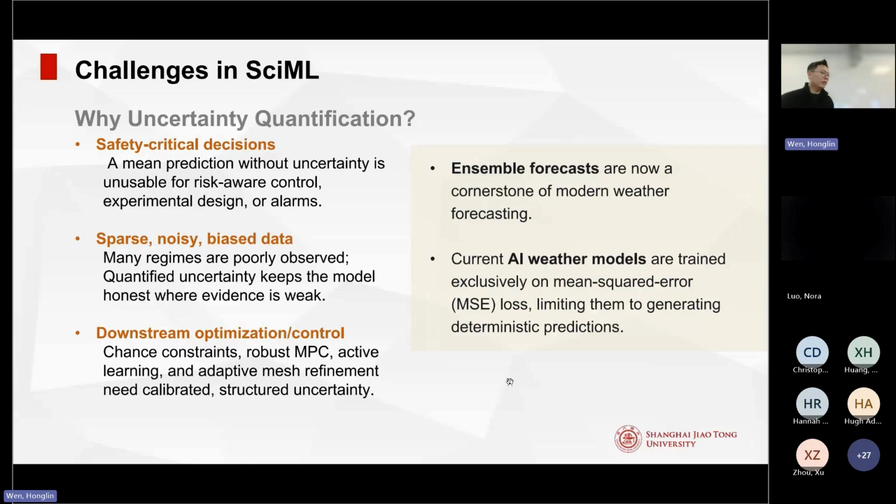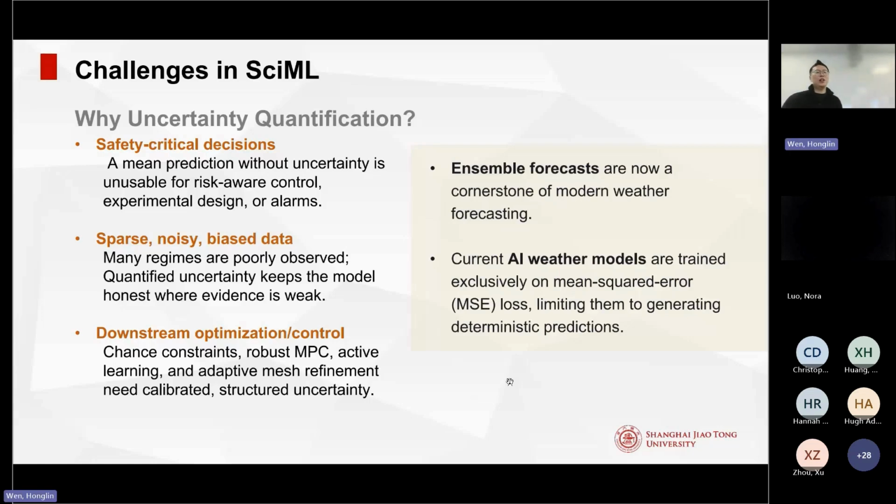And the requirements come from several applications. Let's say for safety critical decisions, it requires us to communicate the uncertainty of our forecast, our predictions, instead of just a point. If you are the user and I just communicate a point, you will be curious about how confident it is about the point, right?